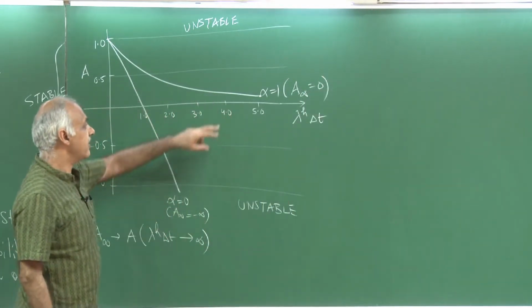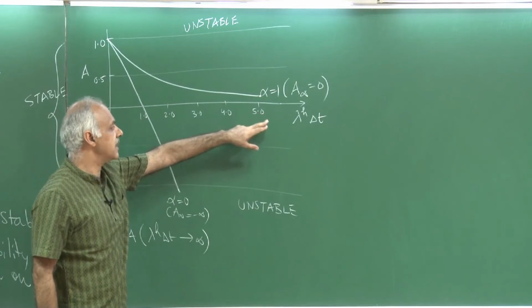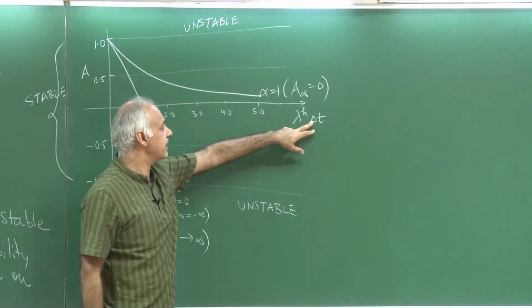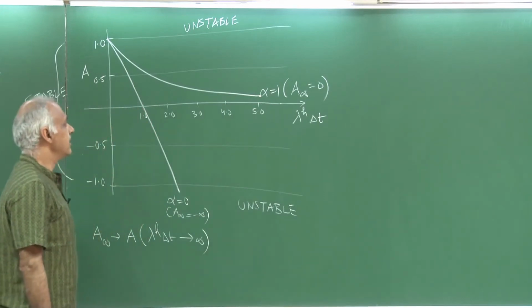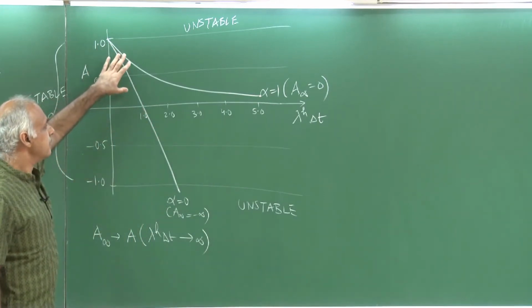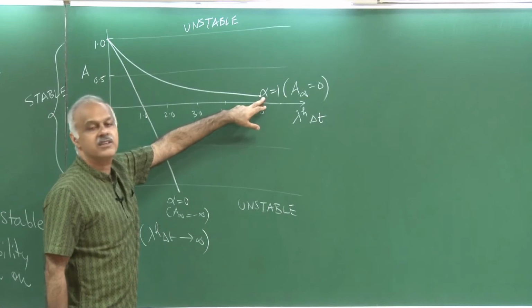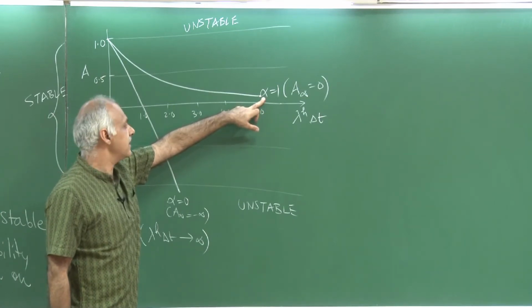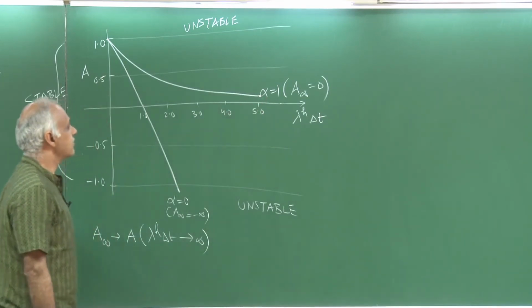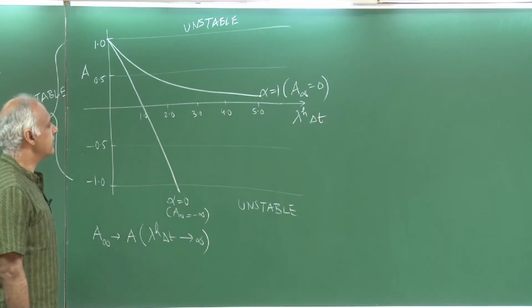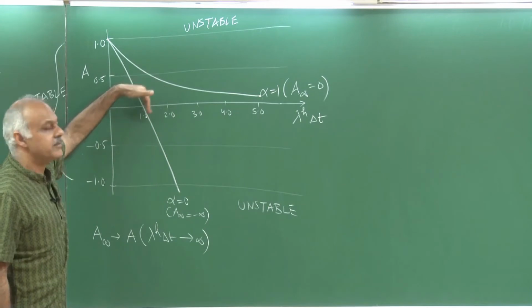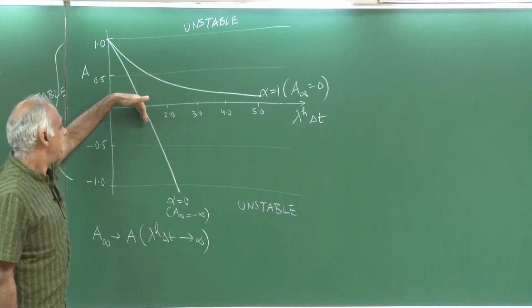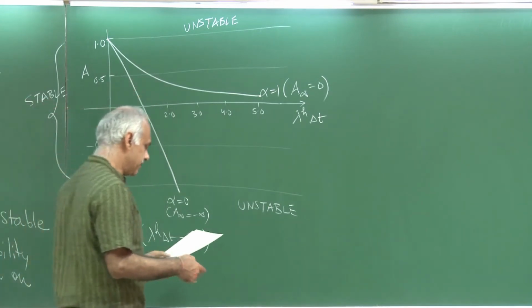So if I take a very large time step, lambda h delta t goes to infinity, then I would barely get an amplification factor of 0. So this is because alpha is greater than half. So this method is always stable, and you would see that from this graph as well. The interesting is the values of alpha in between 0 and 1, and let me sketch some of them.